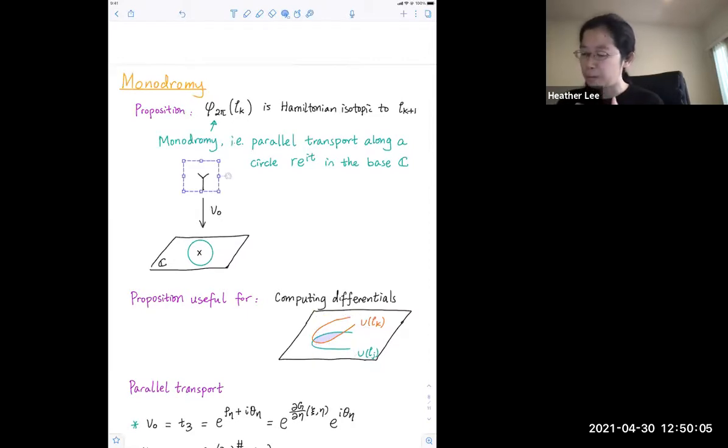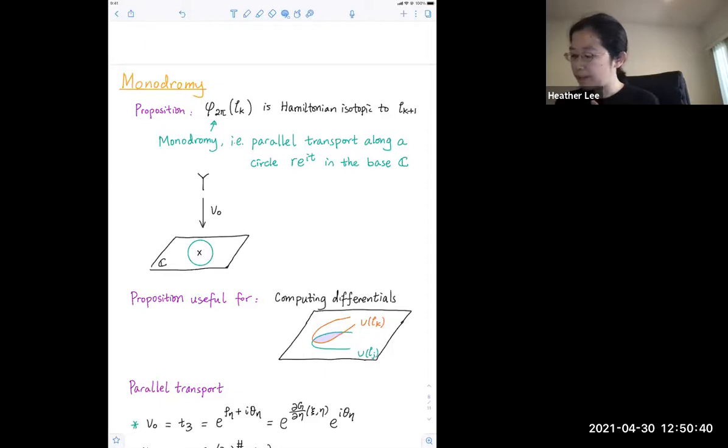Remember, Lagrangians in Y are Lagrangians in the fiber parallel transported along a U-shaped curve in the base. So when we compute the differential by taking 2 Lagrangians in Y, we can see that in the base, there's a bigon between them. And this bigon has two intersection points.